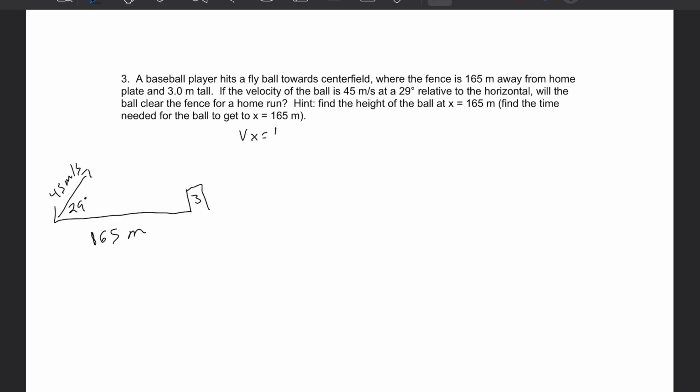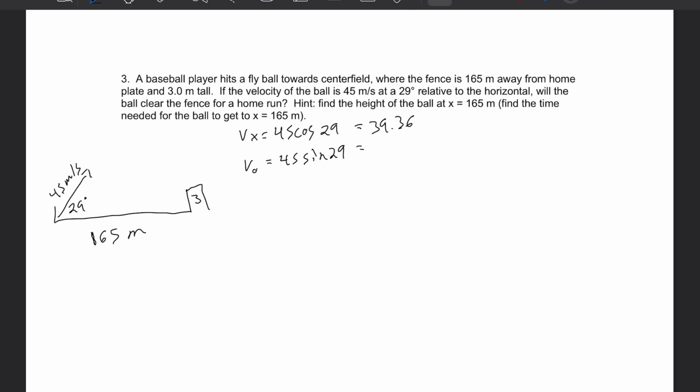So really what I want to do is find out, how long does it take for the ball to reach the wall? And once I know how long it takes to get there, then I can calculate what is the vertical displacement at that moment in time. If it's less than 3 meters, I don't clear the wall. If it's more than 3 meters, I get the home run, score some runs, and win the game.